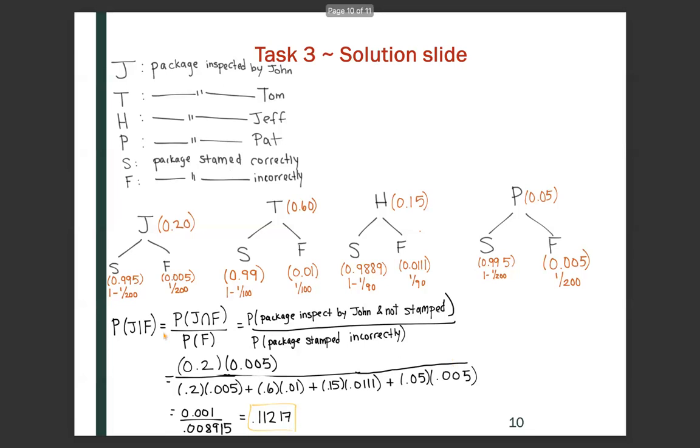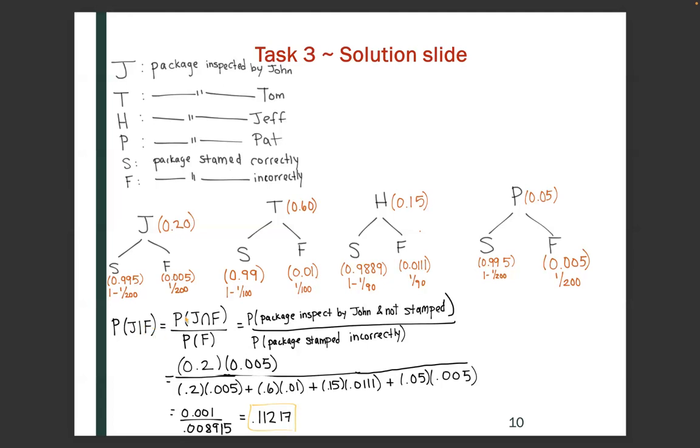So in other words, given that our package is stamped incorrectly, what is the probability that it was stamped by John? So in other words, what is the probability of J given F?